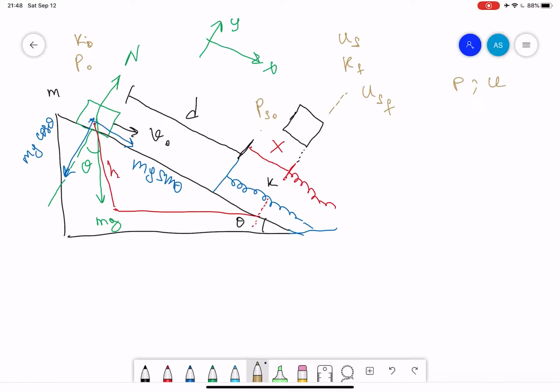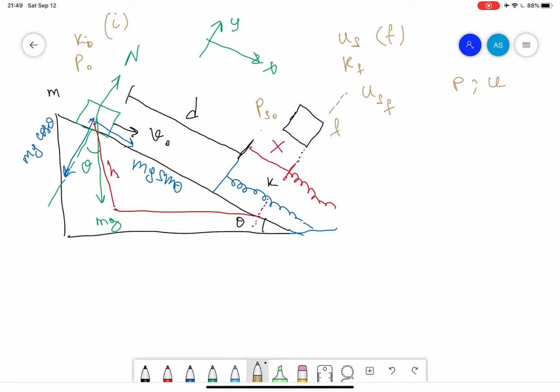Now this is our initial position, this is our final position. Initially we have kinetic energy and potential energy, which will be fully converted when it comes to the final position. It will be fully converted to the spring potential energy final.